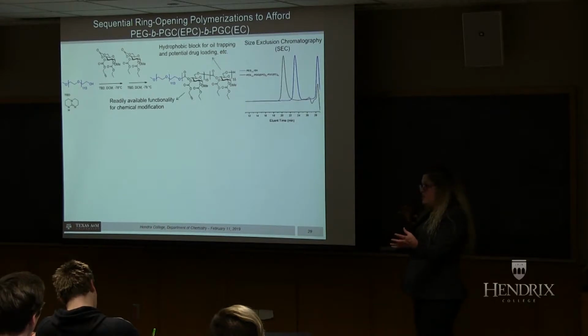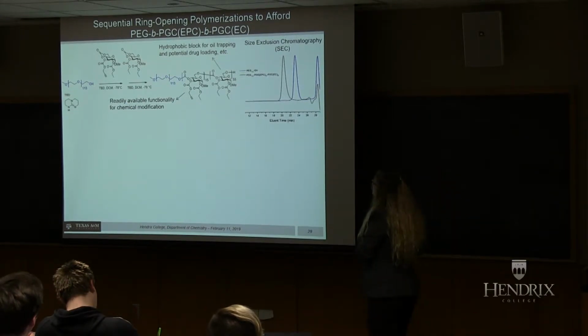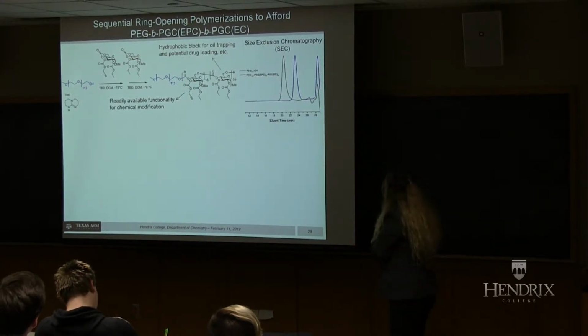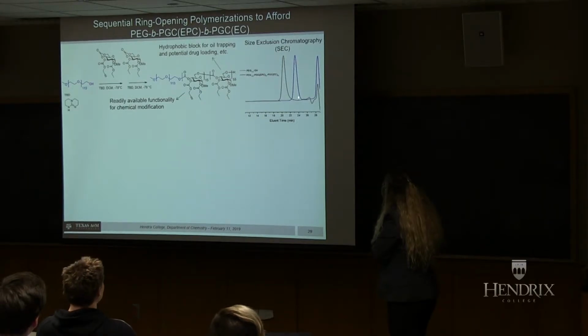Big molecules are excluded, so they pass through the column quickly. Small molecules migrate in and out of the pores, and they're retained in the column for a longer period of time. So when you look at an SEC trace that is presented as time or retention volume, big things come out earlier than smaller things.